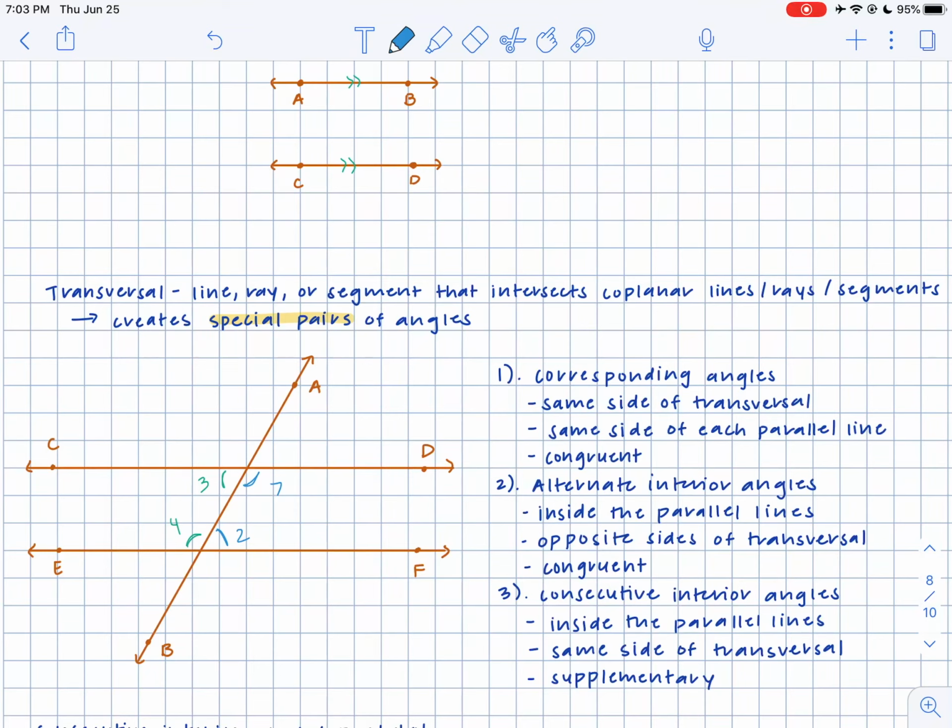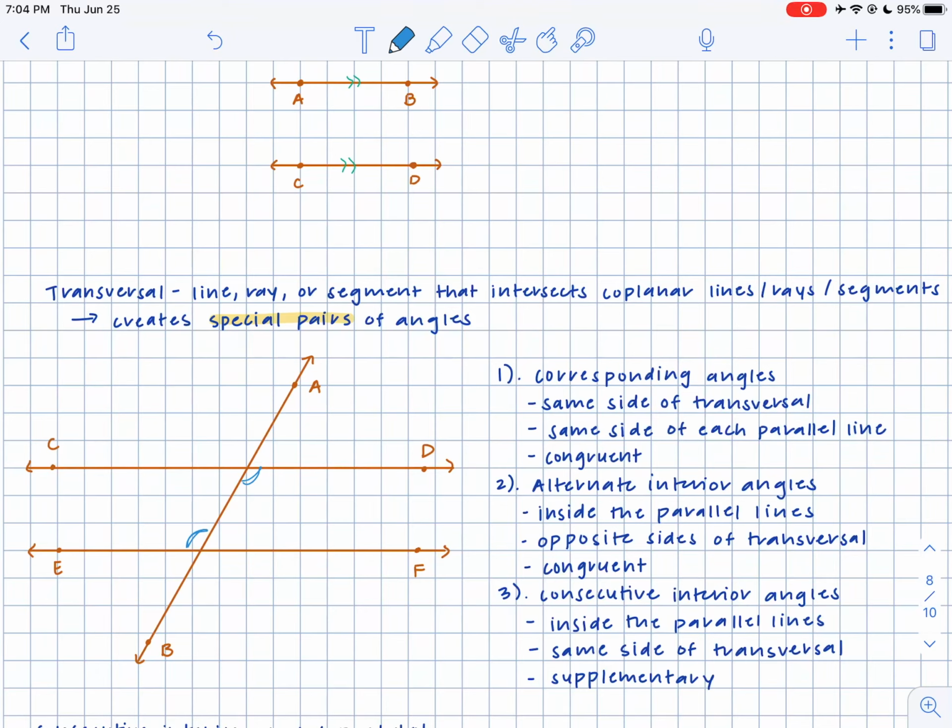If you're unsure about the word consecutive, an example would be 1, 2, 3, 4. This is the order of numbers, right? When you're counting, you would say they're consecutive because they follow each other, one after the other, okay?